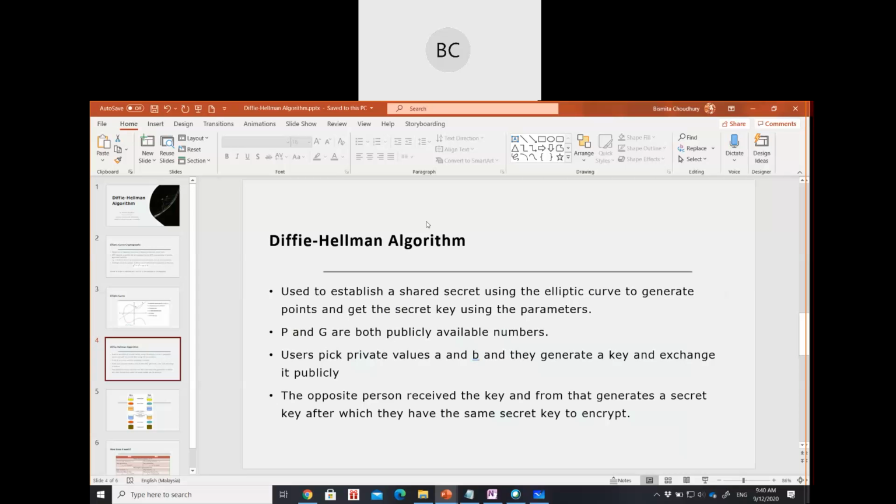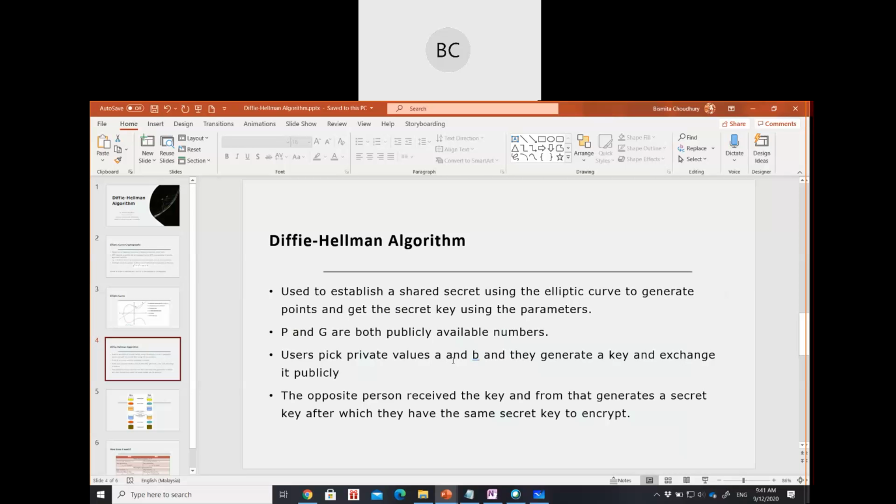For example, P and G. That P and G will be available to everyone, or you can also say G will be a primitive root of P, and there will be secret numbers for both client and server, or you can say two users, which will be A and B. So this whole algorithm is based on four variables: P, G, A and B. P and G are publicly available numbers, and users will pick private values, which are A and B, and they will generate a key and exchange it publicly.